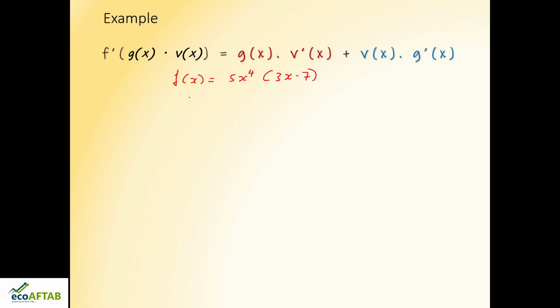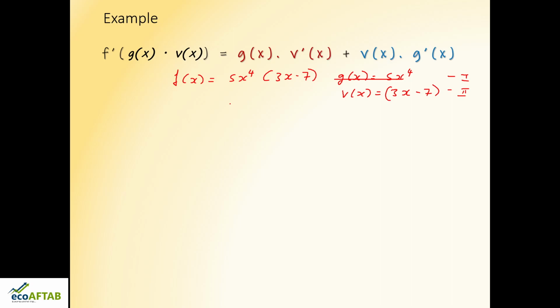So, these are the two functions where g of x is one function, that is 5x raised to 4, and v of x is the another function, that is 3x minus 7. So, now what we need to do? We need to multiply the first function with the second function, and this multiplication is nothing but we call it as product rule. We need to see the product of this.